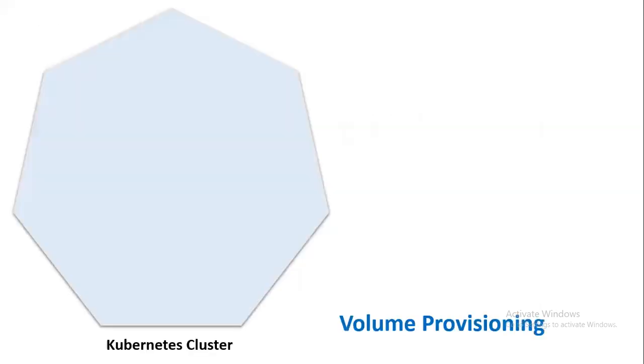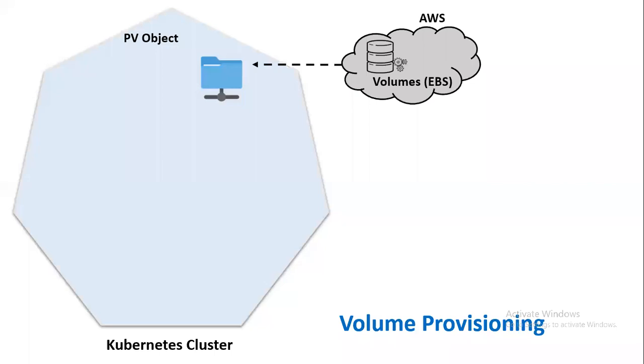Okay. But what will happen for this is, if you are trying to create a persistent volume, then first you should go to the cloud, and in the cloud you should create a storage first. And with the help of that storage, in your Kubernetes cluster, you need to create a persistent volume object, which will be mapping to a storage in cloud. For example, in AWS, we have a storage called EBS. Okay, so EBS are small storages.